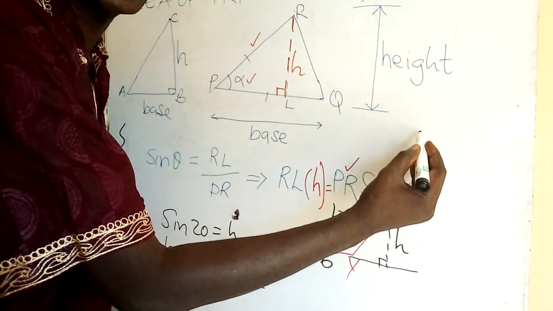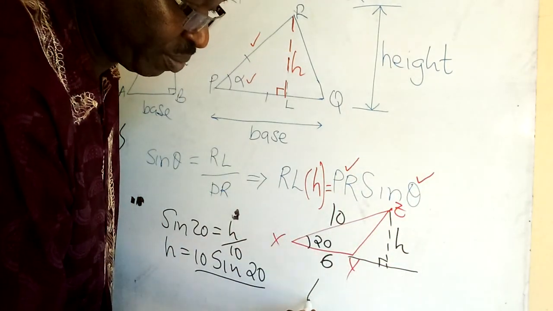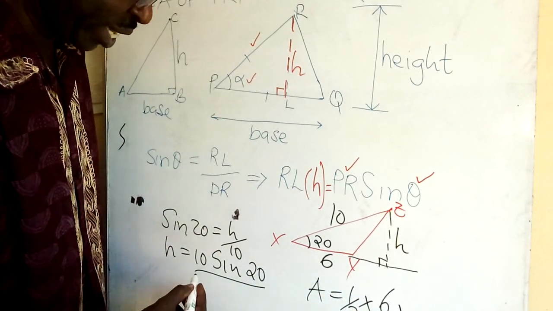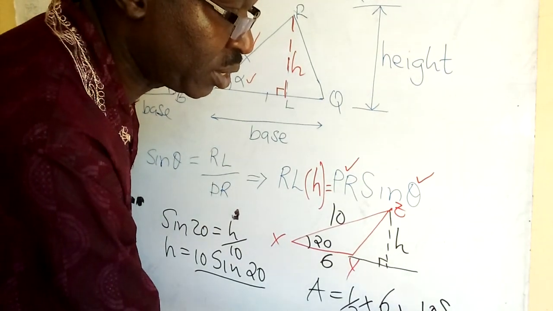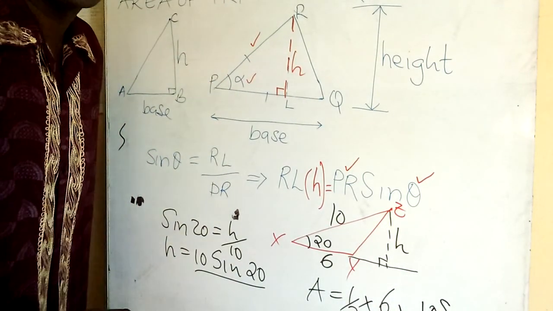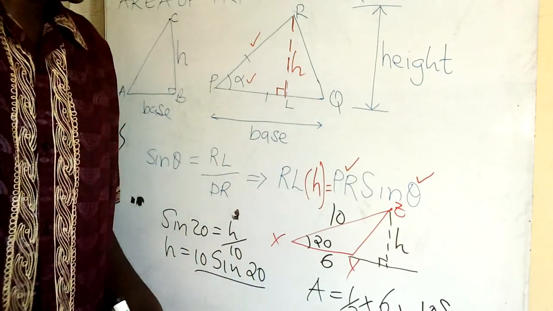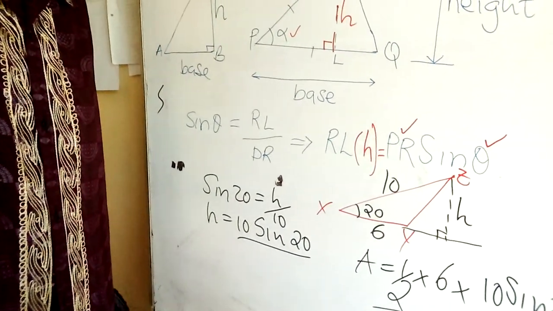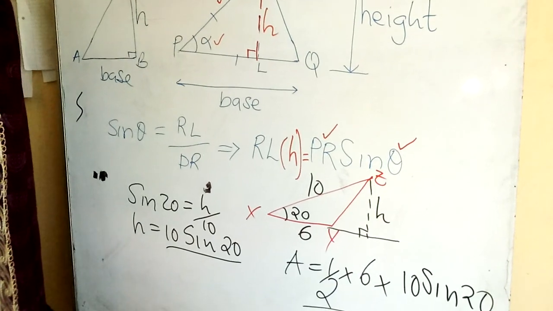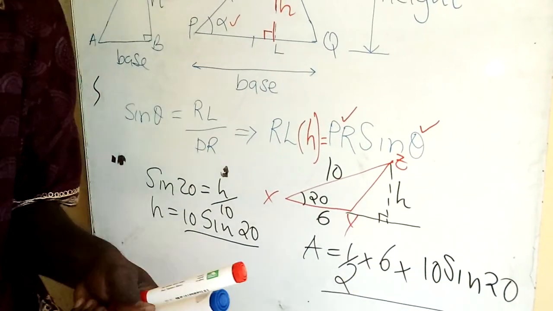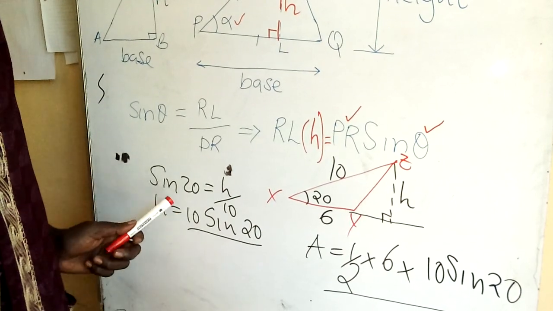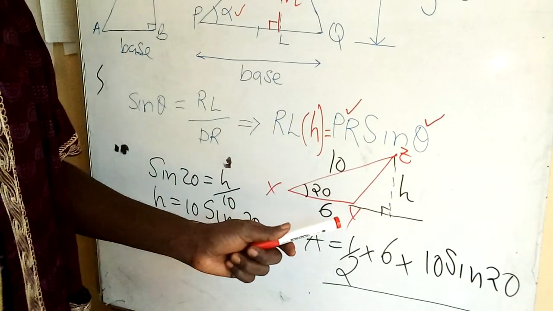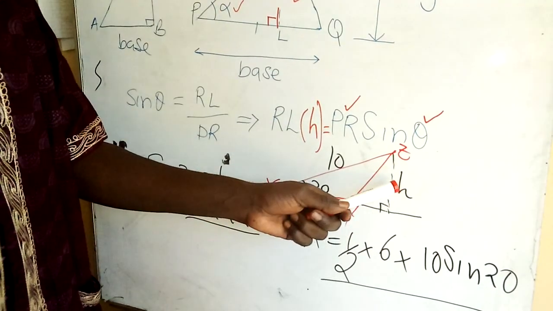Therefore, I can calculate the area. Area is equal to a half, my base is 6, and then my height I put 10 sine 20. That is how I will get the area. From this triangle, this is the vertical height. So I use the formula sine 20 is equal to H over 10.